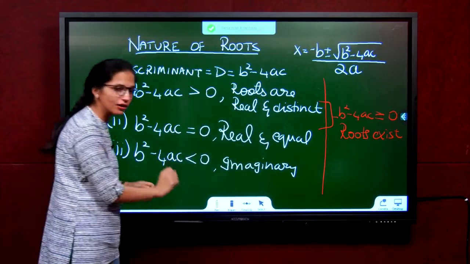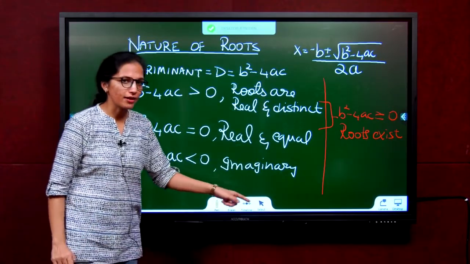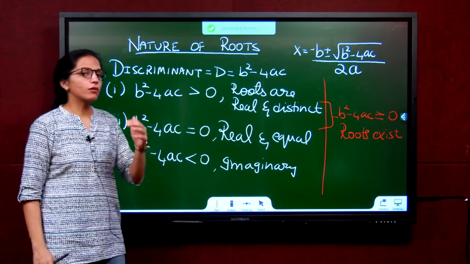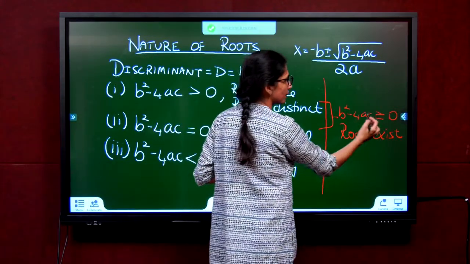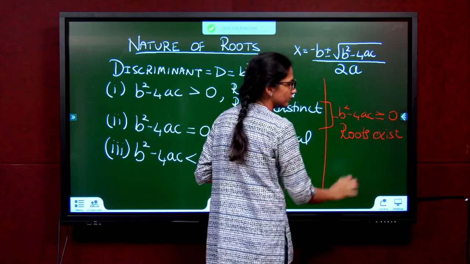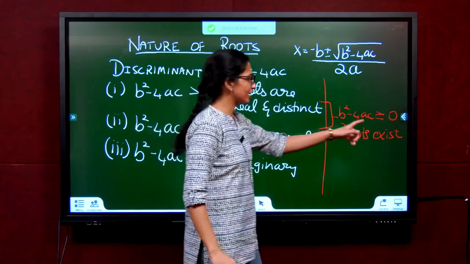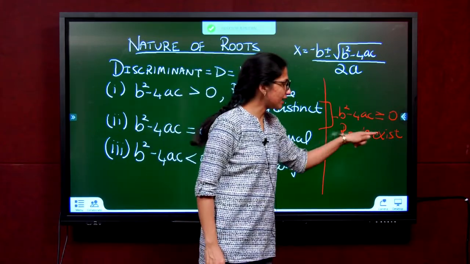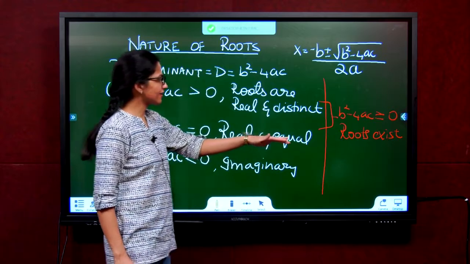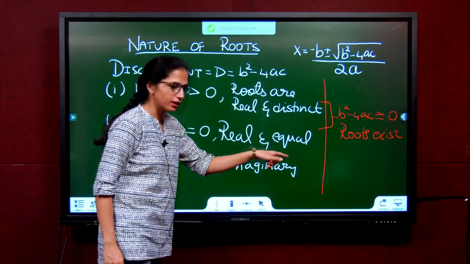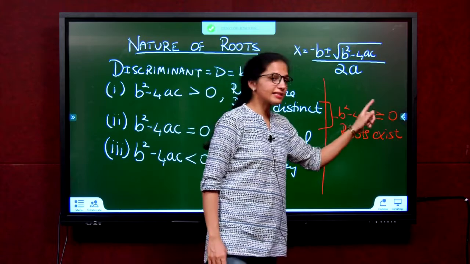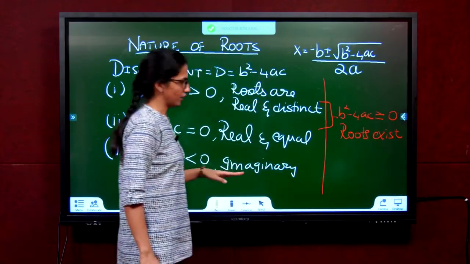If it is less than 0, they don't exist and are imaginary. I repeat, if the question asks you to check whether it is possible, you have to check whether b square minus 4ac is greater than or equal to 0. If it is greater than or equal to 0, roots exist. If it is greater than 0, they are real and distinct. If it is equal to 0, they are real and equal. If b square minus 4ac is less than 0, then they are imaginary.